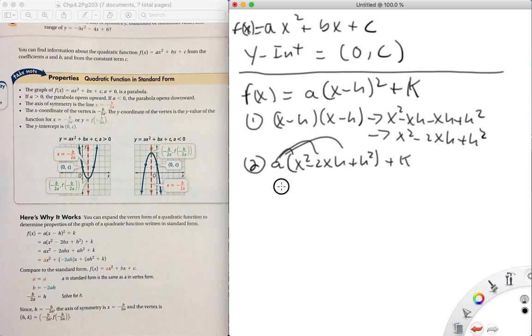And that's going to give us ax squared minus 2ahx plus ah squared plus k.